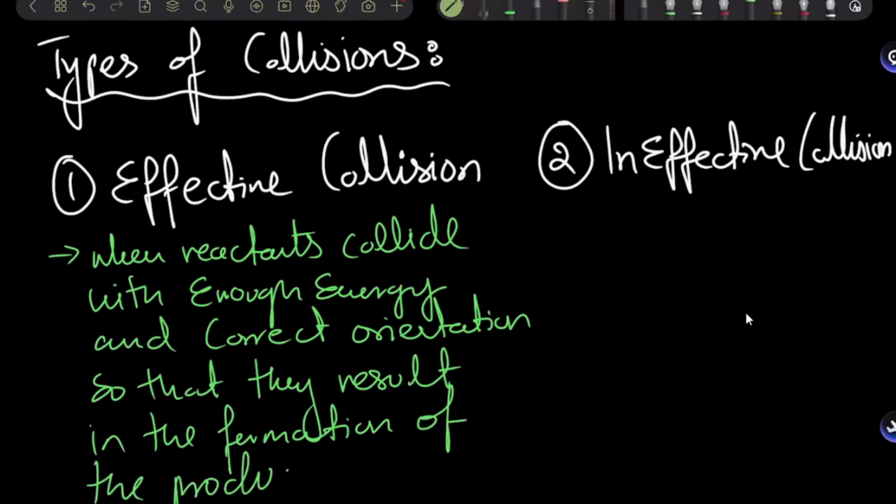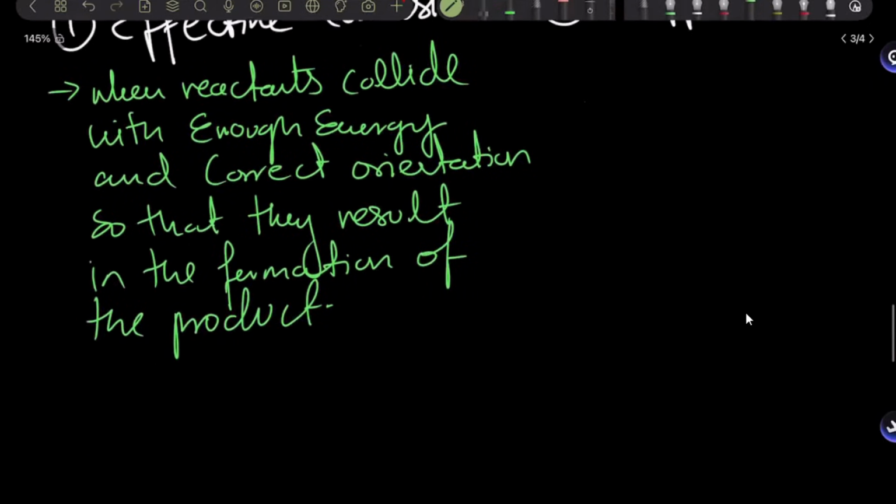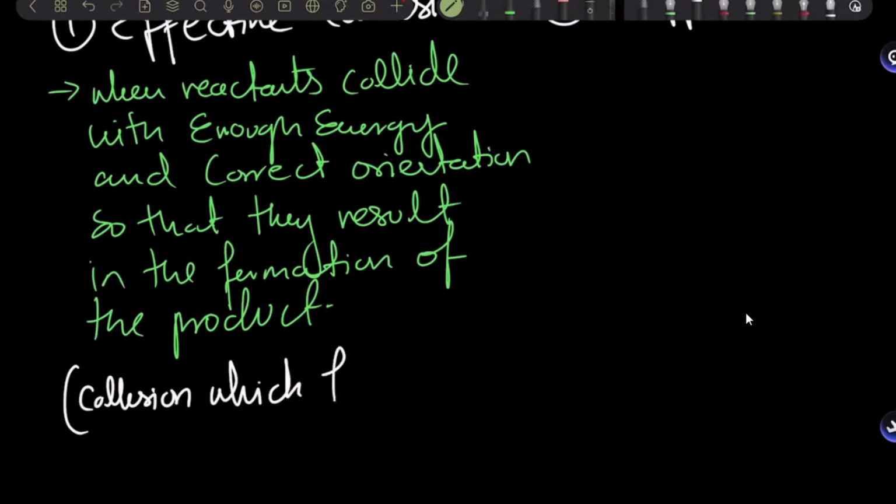Or in our own words, effective collision is collision which forms product. That means in this collision, the reaction actually takes place.